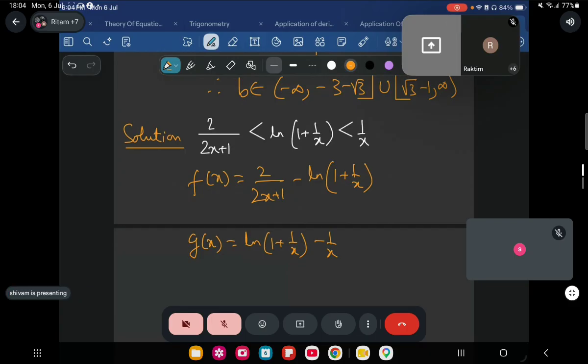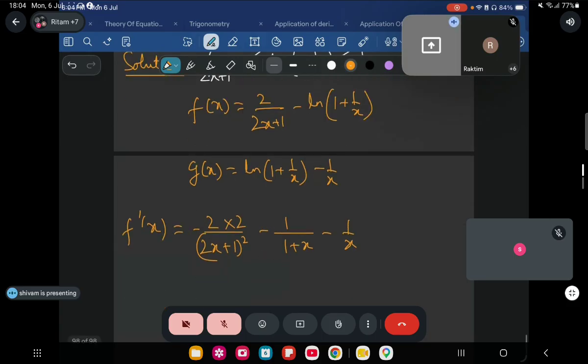Okay, let us start. So over here, what is f dash x? F dash x will be equal to minus 2 by 2x plus 1 whole square into 2 minus, I can write it as, minus 1 by 1 plus x minus 1 by x. After this, let us take 2x plus 1 whole square into x plus 1 common, I mean denominator. x into x plus 1 into 2x plus 1 whole square.